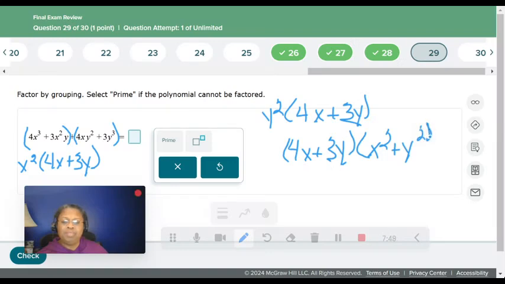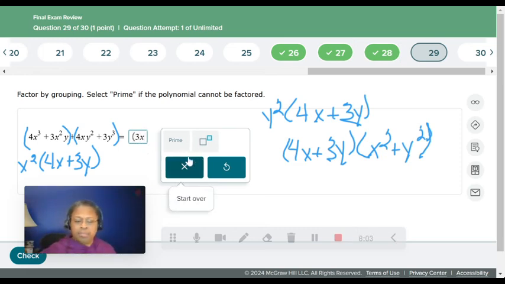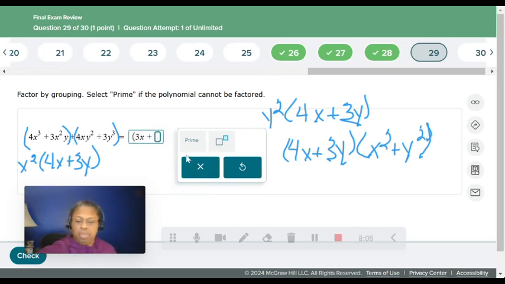Parentheses goes all the way down. So now let's input that here, and we will have our parentheses of 4x plus 3y. Make sure you put the right number in.